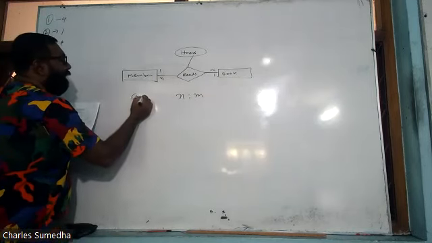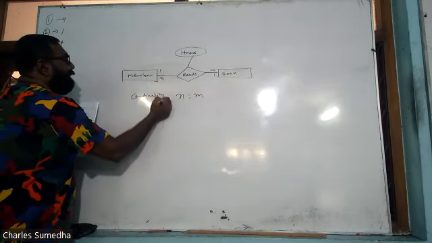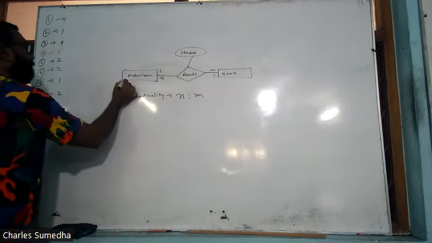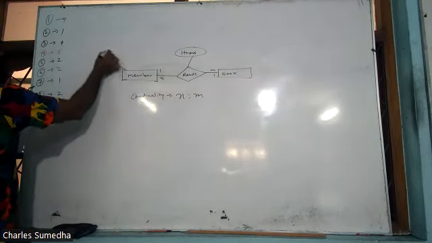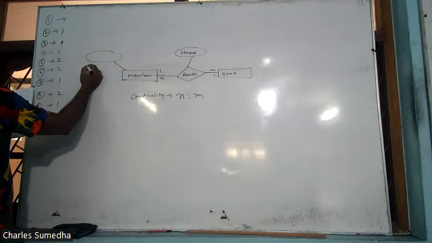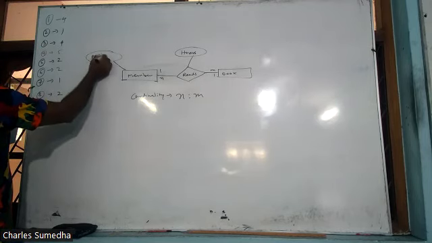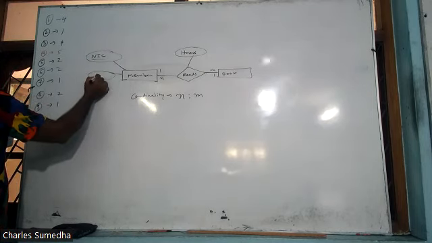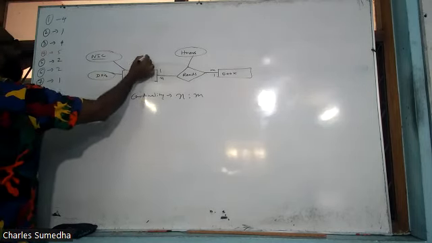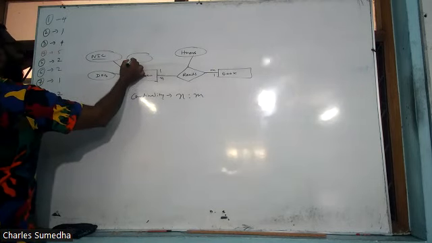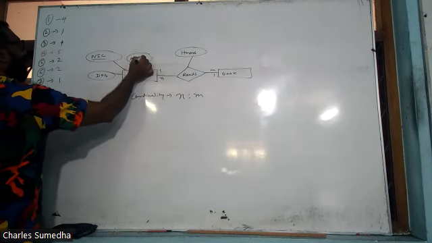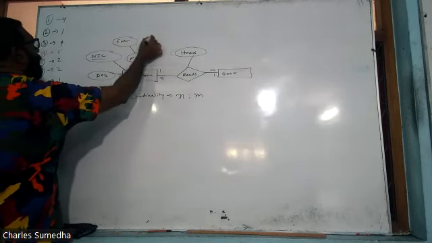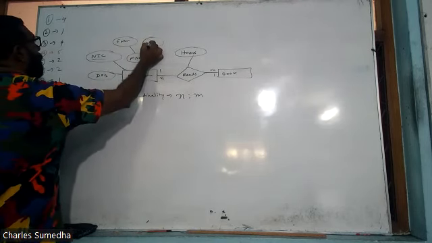Cardinality here will be many to many. Member: here we have NIC, so the member can be identified with NIC. Then date of birth. Then they have given the member name, first name and last name.